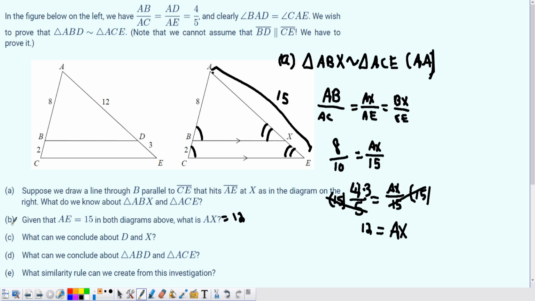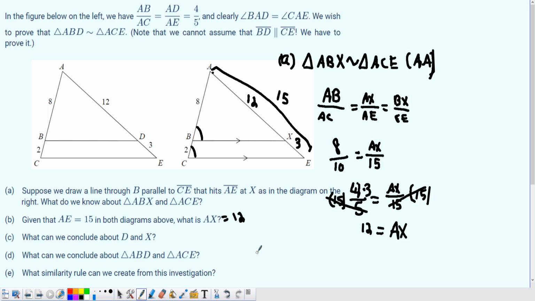So, hence, what can we conclude about D and X? Well, AX being 12, the entire thing being 15. Let me just erase some of this stuff here. Then, hence, XE by deduction must be 3, because 12 and 3 add up to 15.